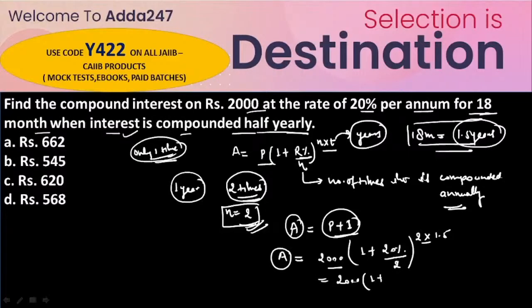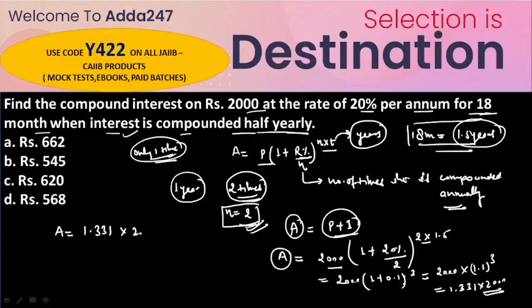This will be 10%, that means 0.1, and this will be to the power 3. When you solve 1.1 to the power 3, it equals 1.331, into 2000 rupees. Multiplying 1.331 by 2000, it will be equal to 2662 rupees.